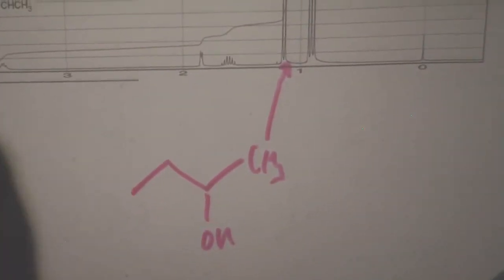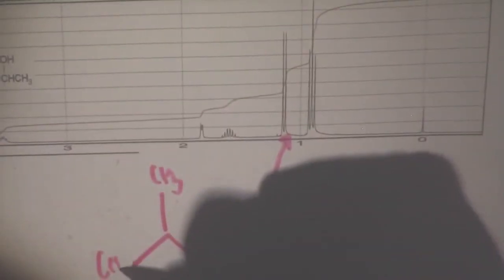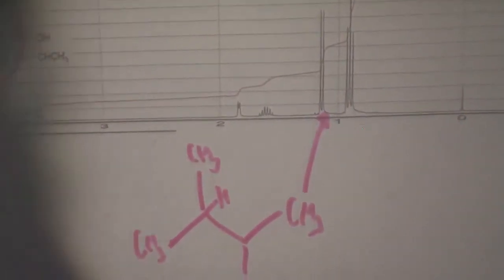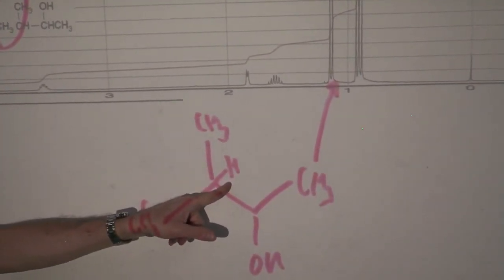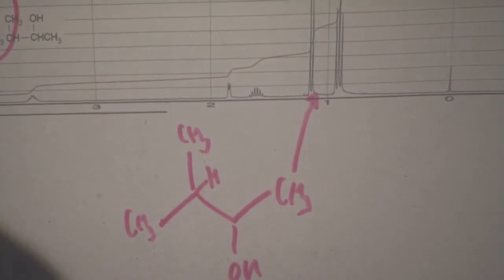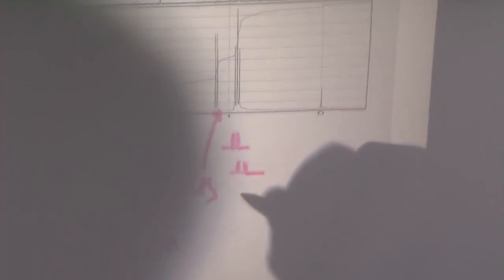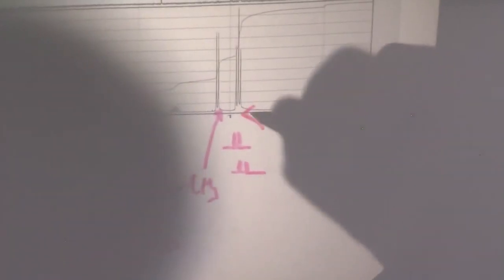Now we have 2 more methyl groups in the molecule, and each of those methyl groups is next to a hydrogen. Each appears as a doublet, but the doublets are very close. In other words, we have a doublet and another doublet, and so it looks like a triplet.